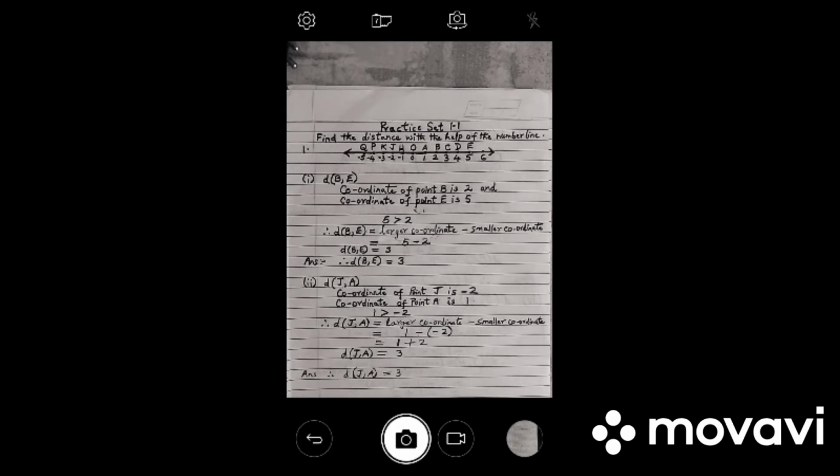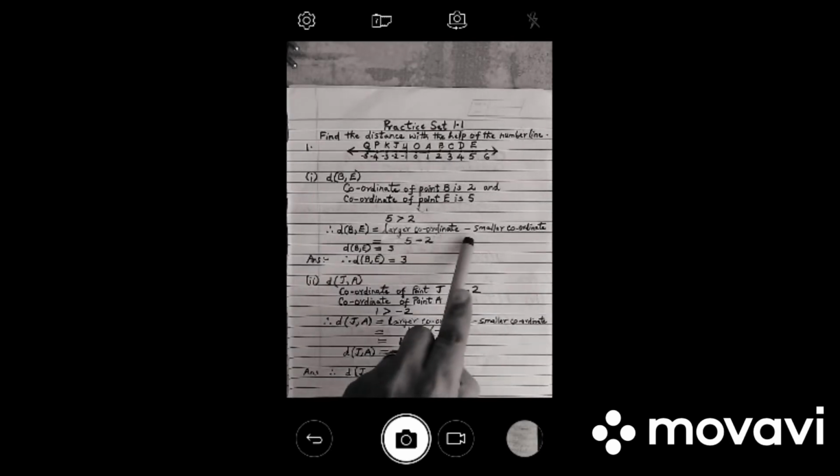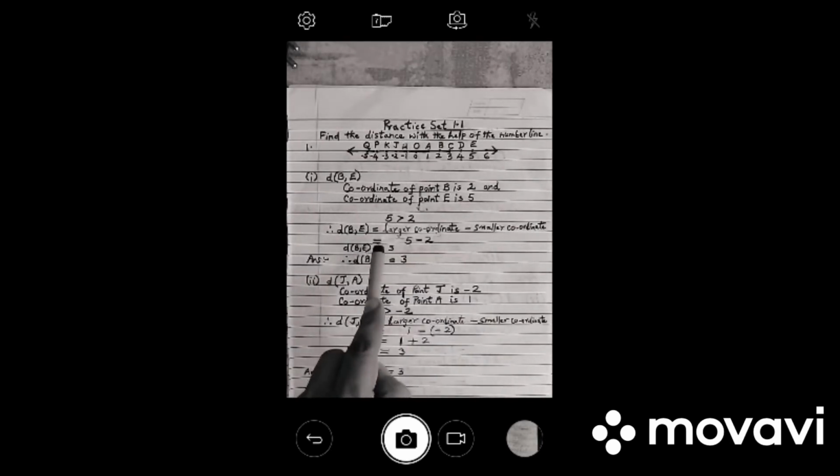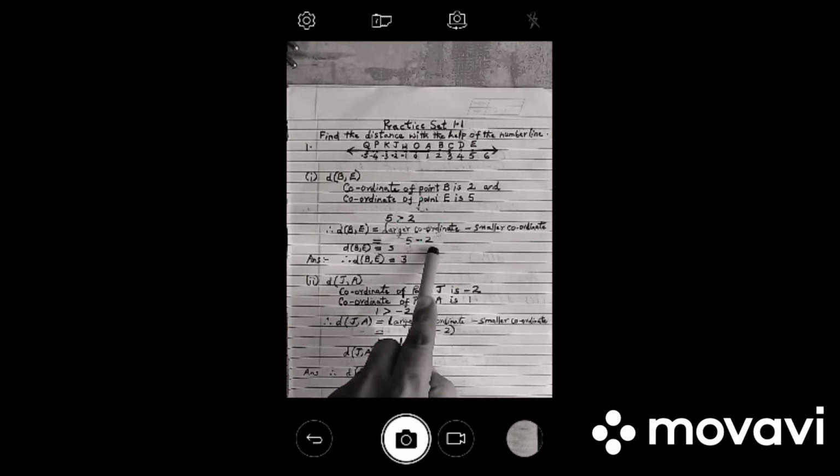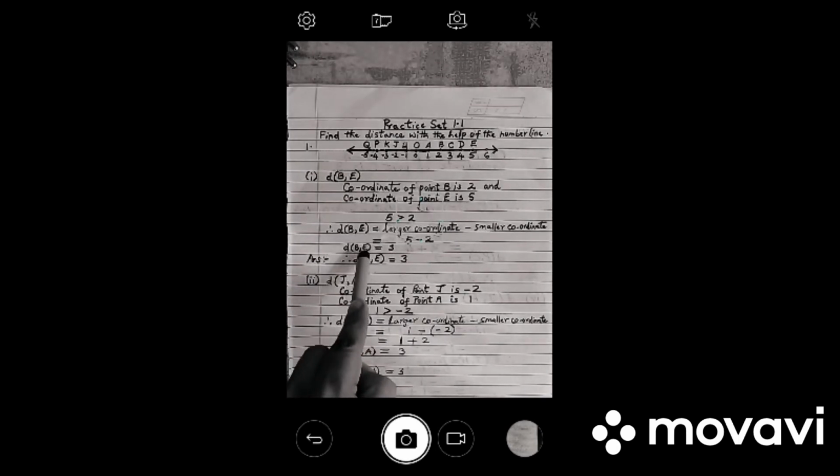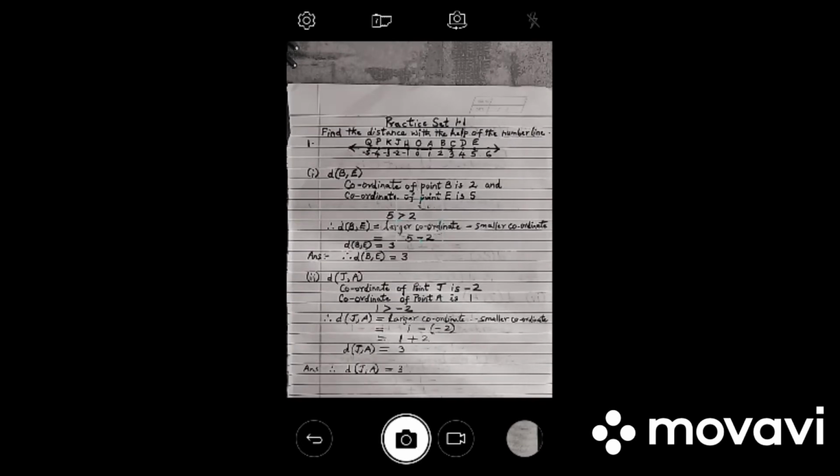Now if we look at the number line, the coordinate of point B is 2 and the coordinate of point E is 5. So 5 is greater than 2. Therefore distance BE is equal to larger coordinate minus smaller coordinate, and that is equal to 5 minus 2. Therefore distance BE is equal to 3. Therefore the answer is distance BE is equal to 3.